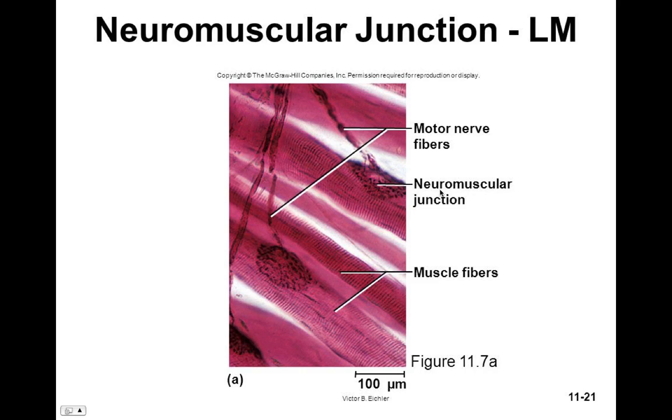Neuro is the nervous system and the muscle system where they come together. The axon coming from the motor neuron is sending its impulse to the muscle fiber.